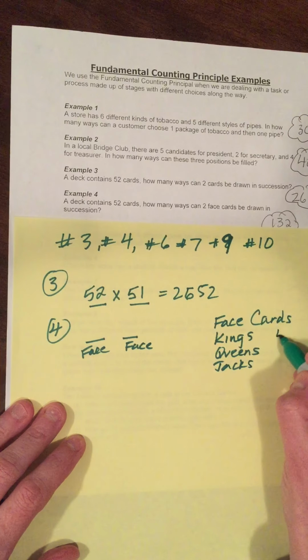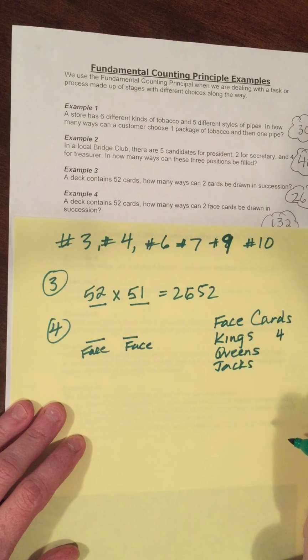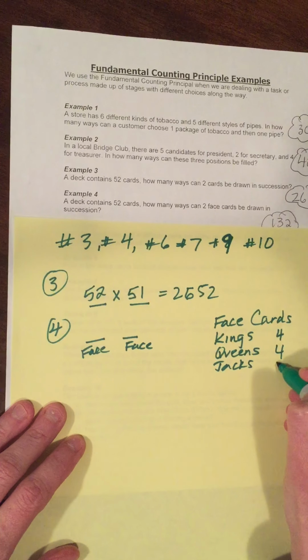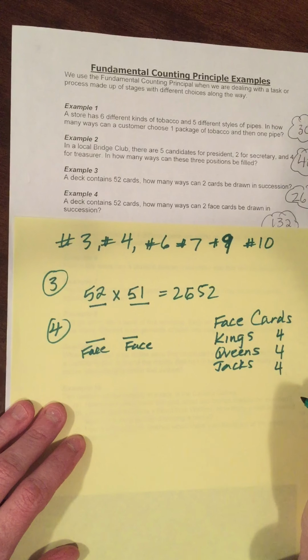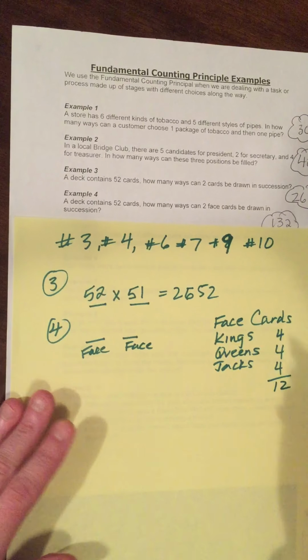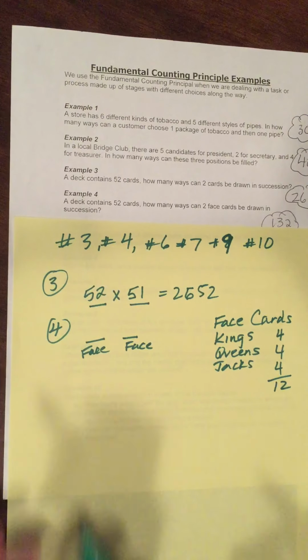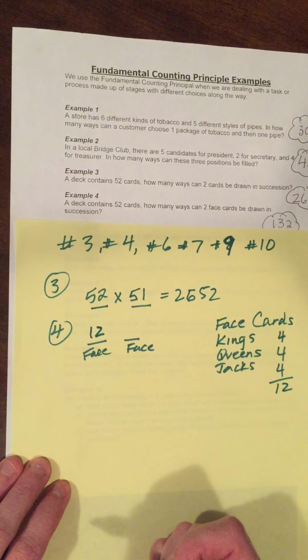So there are 4 kings: King of Hearts, King of Clubs, King of Spades, King of Diamonds. 4 queens: Hearts, Diamonds, Spades, Clubs, and 4 jacks: Hearts, Diamonds, Clubs, and Spades. So in total, if I was to fan out the face cards in front of you, there would be 12.